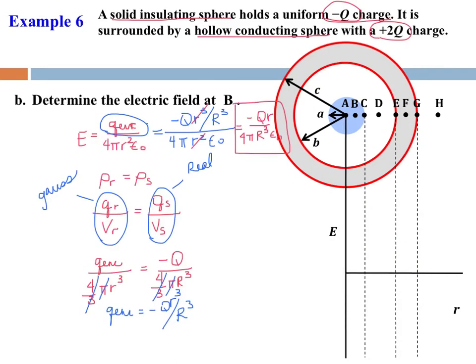To be very specific for this situation, our lowercase r is just the radius of our Gaussian surface, whatever the radius is from A to B. And capital R will be the actual radius of the insulated sphere, which in this case is A, and we're going to cube it. And this is our electric field at point B. So we know it's going to be some negative value.